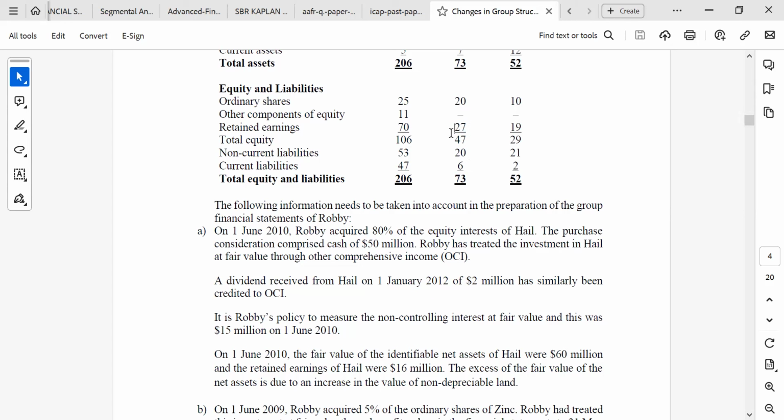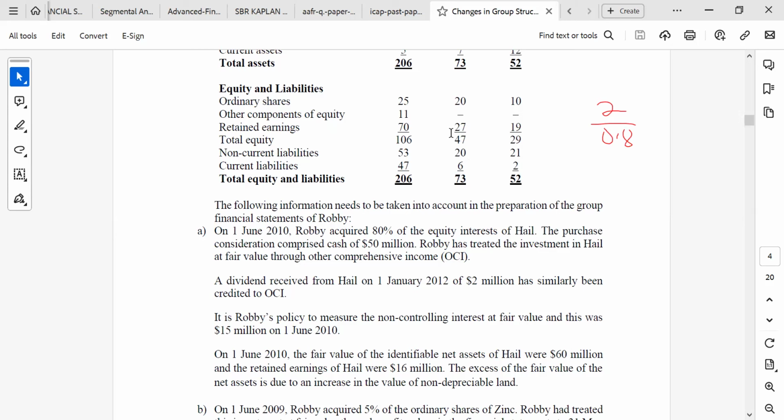That is after dividend has been deducted. If the parent share of the dividends is 2 million, it means that the total dividend declared will be calculated like this: 2 divided by 0.8. Do you agree?